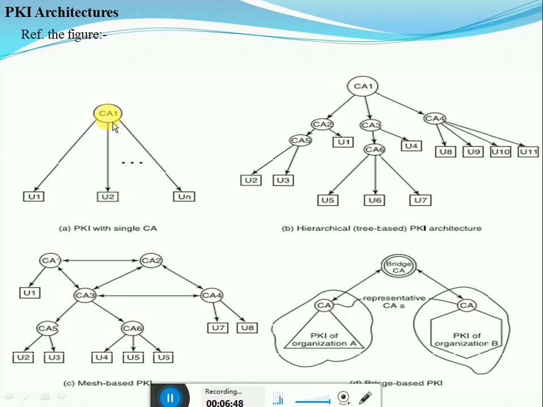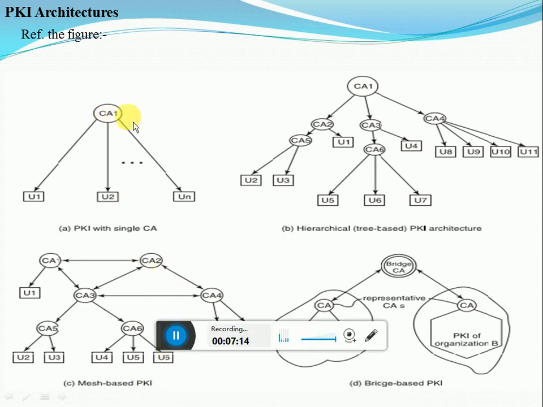Now imagine a situation where tens of millions of users may need certificates. It is not practically possible for a single CA to issue certificates to all of them, and it is one that requires much background checking. Apart from this, a single CA architecture is not scalable: as the number of users grows, the single CA architecture will fail drastically.